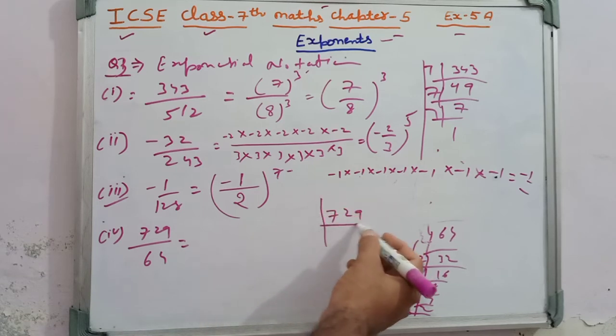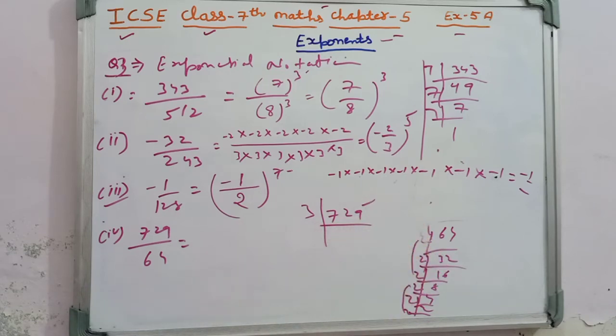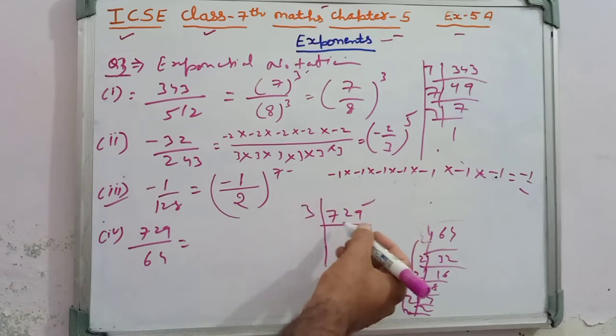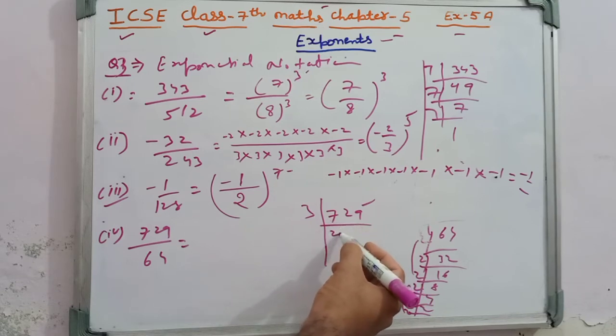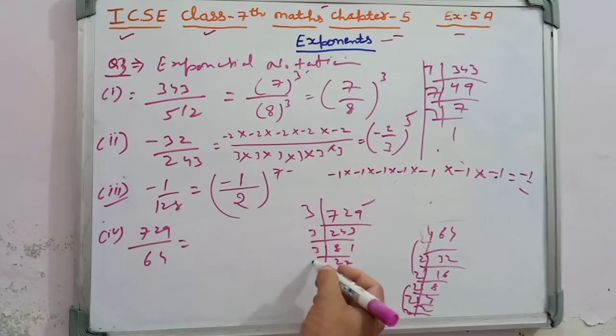We will try it by 3. This is carrying 9 at the last, so it could be divided by 3. 3 times 24 is 72, 3 times 3 is 9, 3 times 27, 3 times 9, 3 times 3, 1.